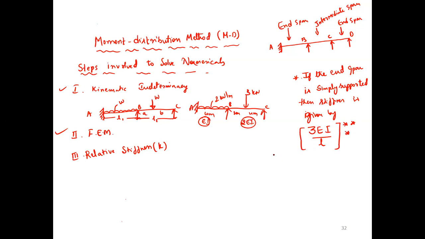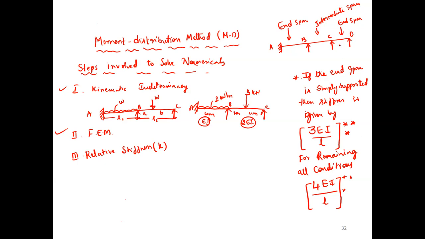Very important. You have to remember, for all remaining conditions, it is 4EI by L. Now tell me, here in the given example, which end span has a simply supported end?